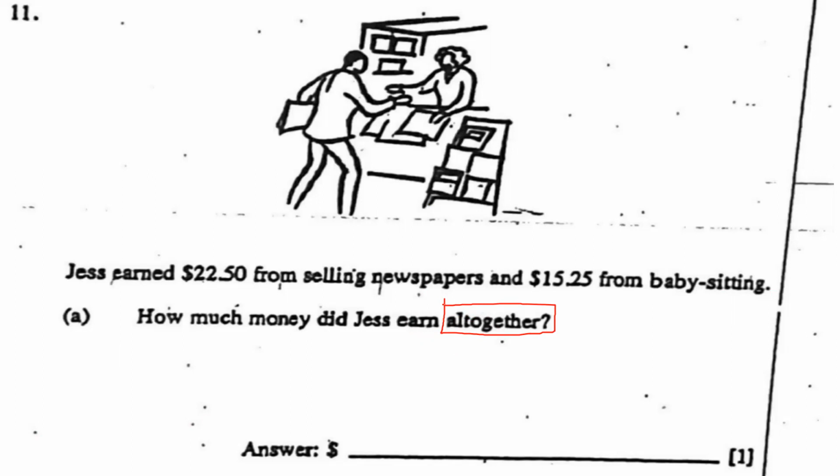So altogether means that we're gonna add, right? In order to figure out how much this individual earned altogether, it's gonna be $22.50 plus $15.25.